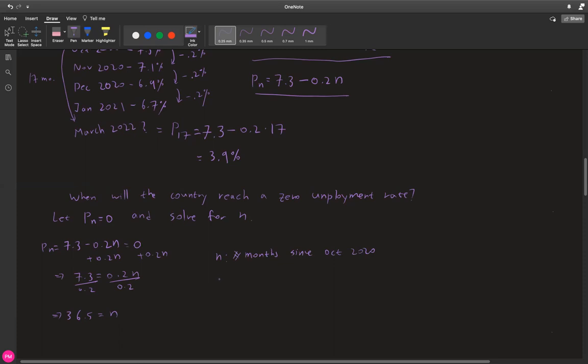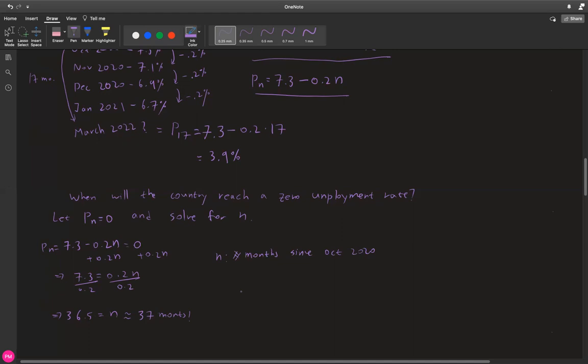So you can round this up to 37 months, because by 36 months the unemployment rate is not zero, but by the 37th month, we know that it's already past 36.5 and we will have the zero unemployment rate.